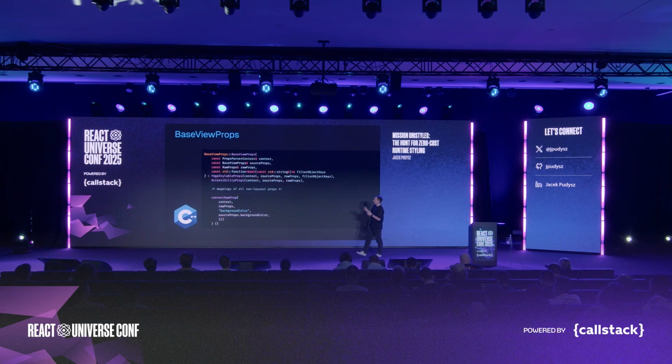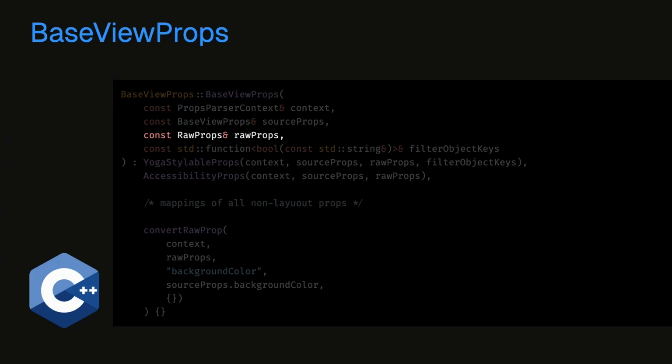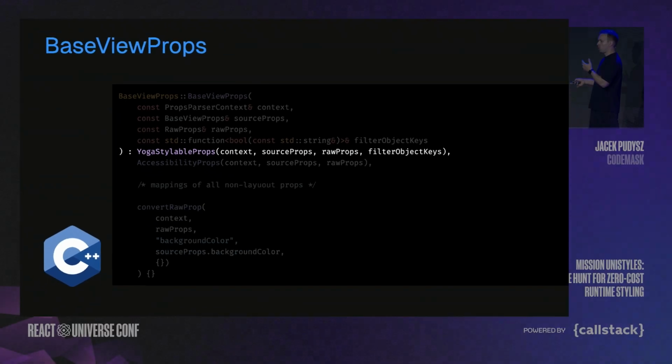Base view props, this is like a C++ constructor. And again, we can find our raw props. Raw props is a temporary type that helps React Native to move JavaScript props to C++. And here, React Native will divide your props to yoga props if they are related to layout.